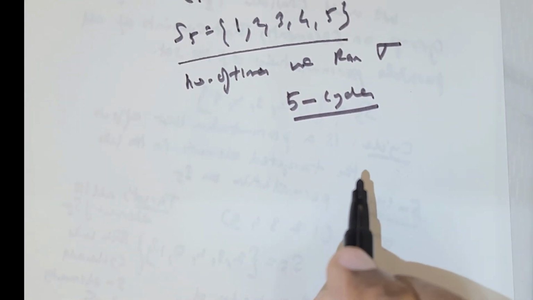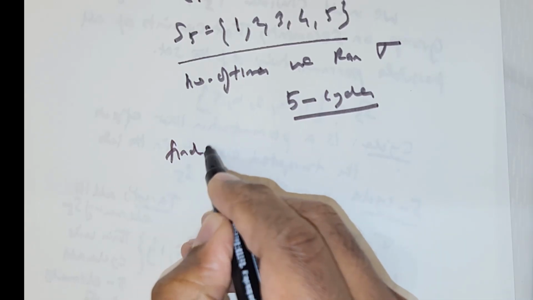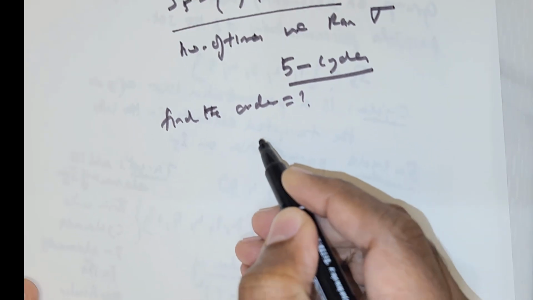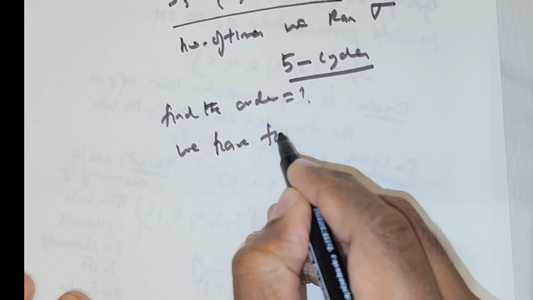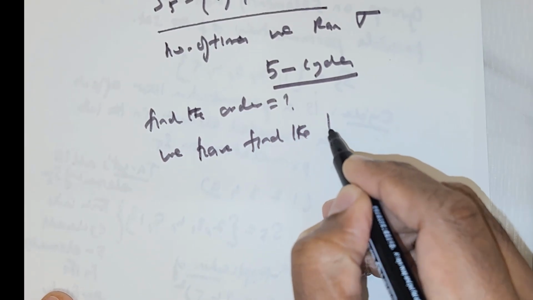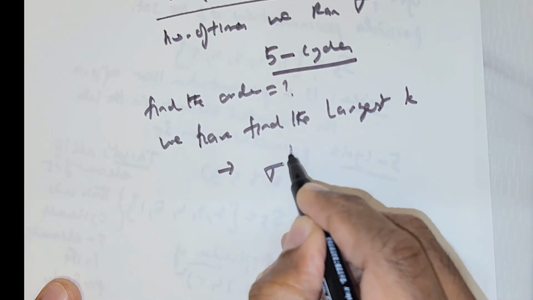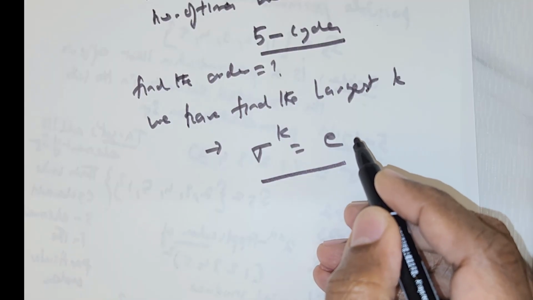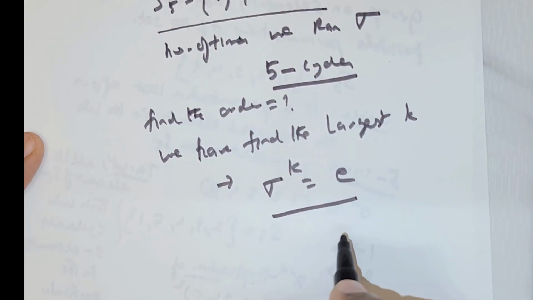Now what exactly does the question want? The question wants us to find the order. So what exactly does it mean to find the order? It means we have to find the largest k such that sigma raised to the power of k is equal to E, the identity. When we say identity, we are getting the original set back.